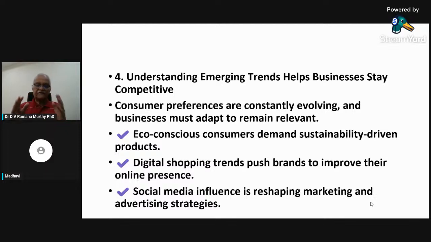If you can't have a website, or if you do not have an online app for your market, whatever you call it, you're gone, because we are now in a digital shopping arena today. And if you want to make yourself present in social media, there's a lot of influence by social media today in reshaping the markets. If you're not there, that's it. So if you want to stay competitive, you have to understand the emerging trends.